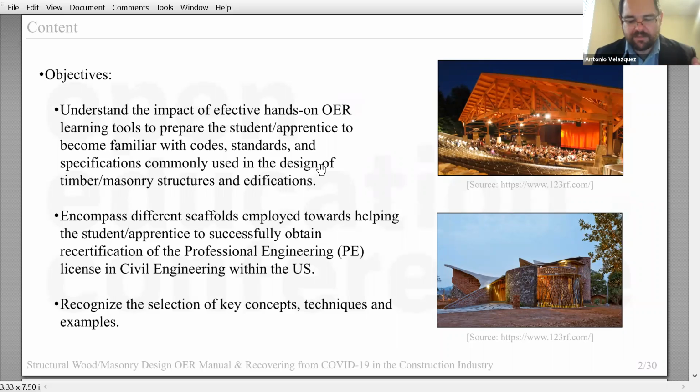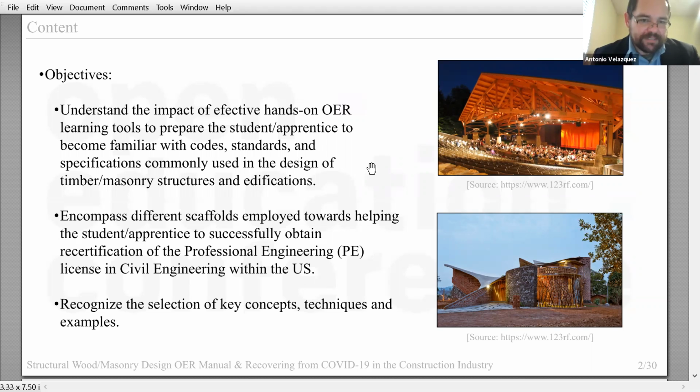Here the goal is to get a flavor of what the construction industry in the United States is all about, how it has been affected by COVID-19, by the health contingency. What can we do in terms of open resources, which niches of opportunity can we have to really improve and help the labor force in the country?